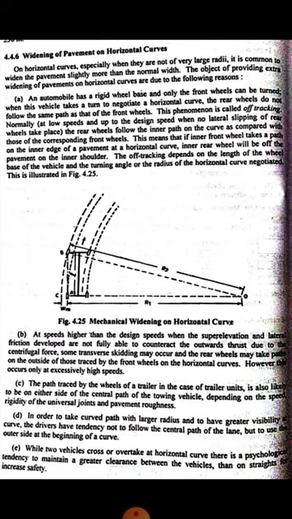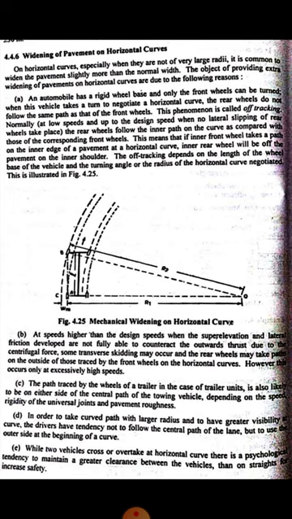An automobile has a rigid wheelbase and only the front wheels can be turned. When this vehicle negotiates a turn on a horizontal curve, the rear wheels do not follow the same path as that of the front wheels. This phenomenon is called off-tracking.